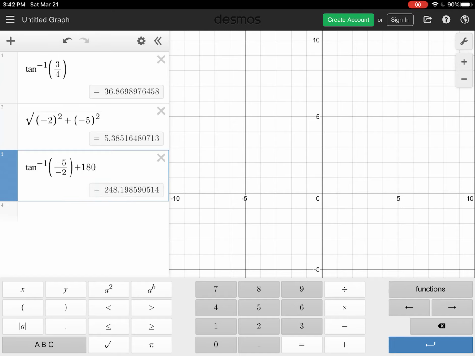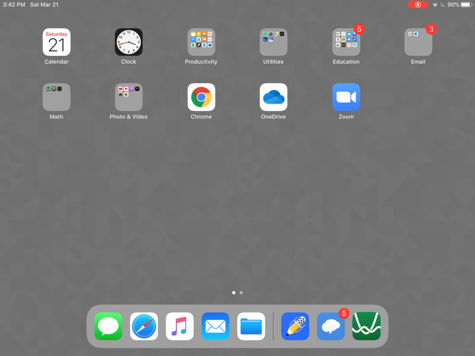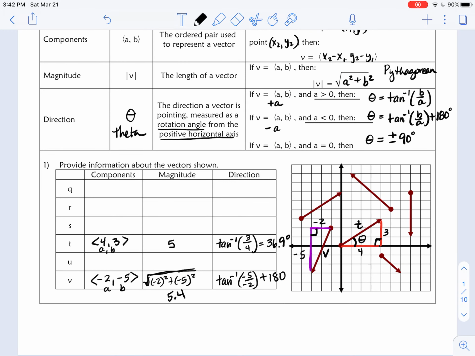So that rotation angle is about 248.2 degrees. And then let's just take a look at that.